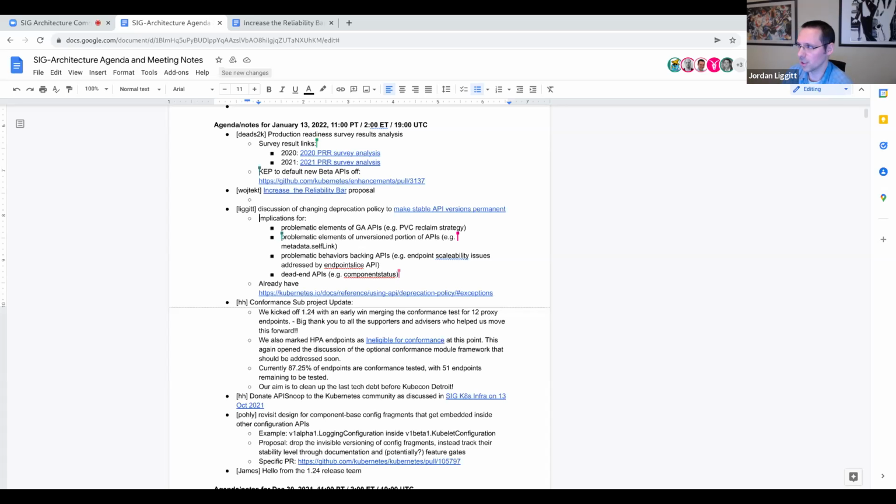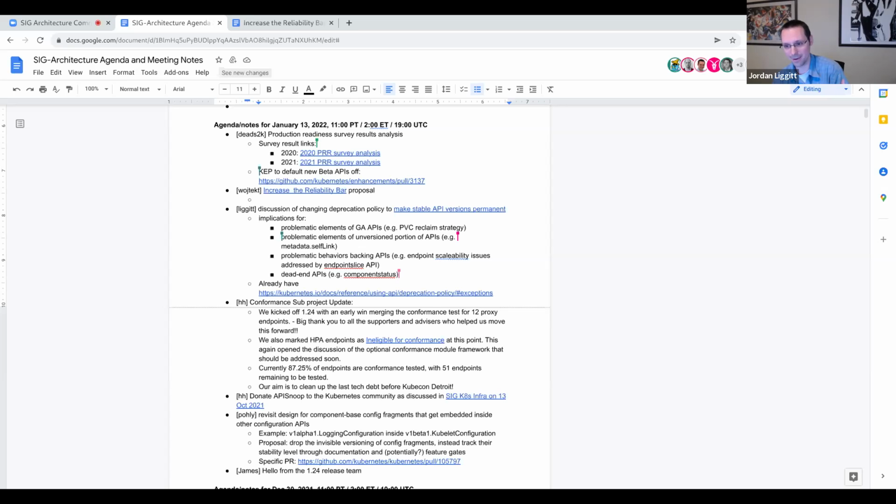I didn't know if we wanted to have a high bandwidth discussion of any of these things here or continue it in the thread. But I did want to point out the deprecation policy already has an escape hatch clause at the end, where it says if there's something that's really hindering progress to the system and is harmful, this policy is a living document.